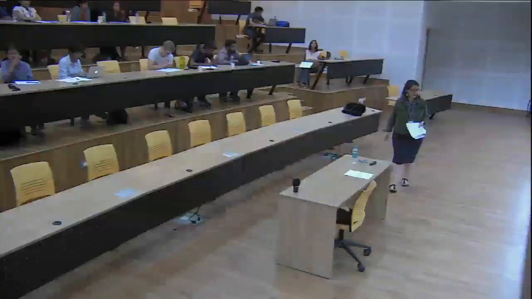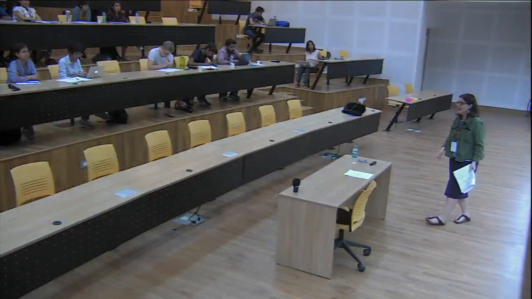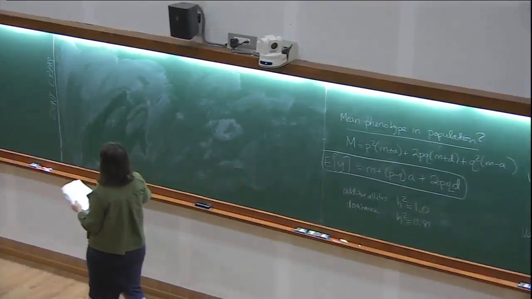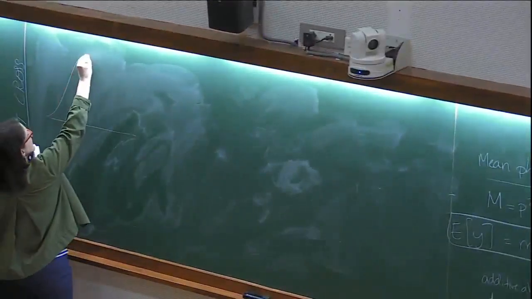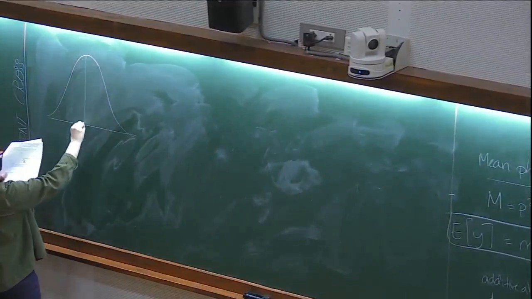So imagine that we applied truncation selection on a distribution the same way we did before. And we truncate at some place T. We again have some Gaussian distribution. We have some mean here.